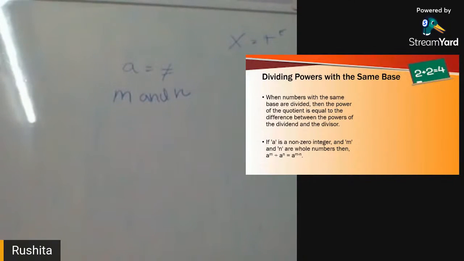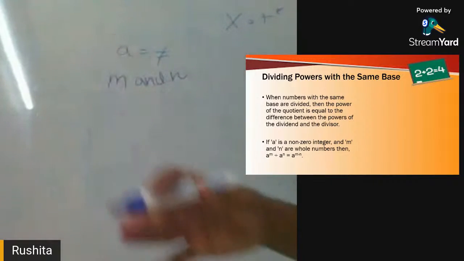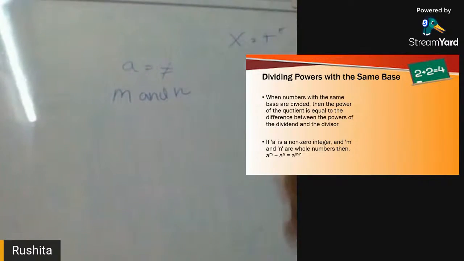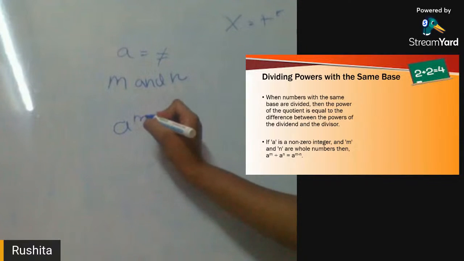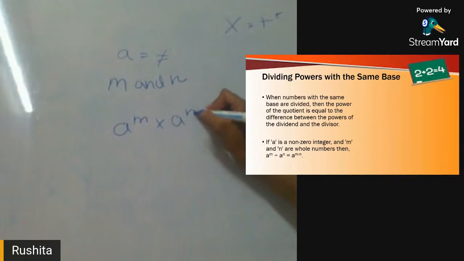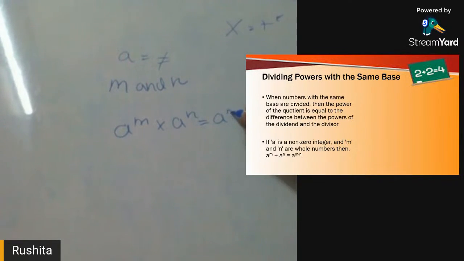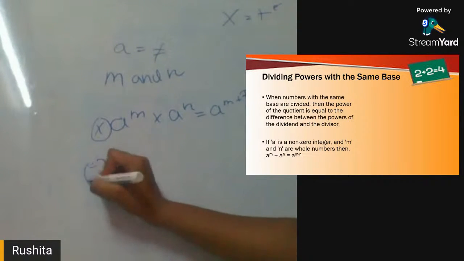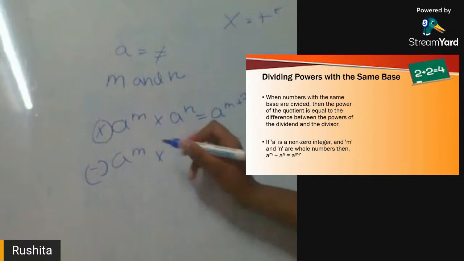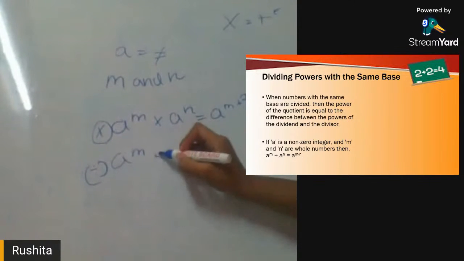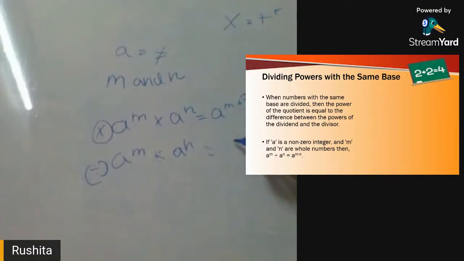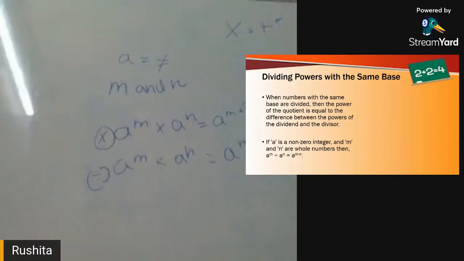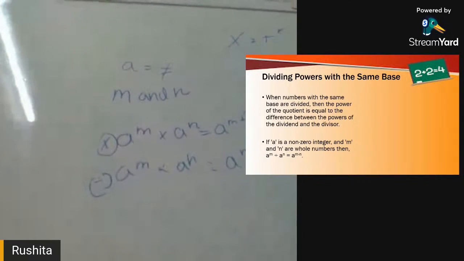So now the formula comes into the picture, which is a to the power of m into a to the power of n equal to a to the power of m plus n, what we have learnt before. Now this is for multiplication, this is for division. A to the power of m divided by a to the power of n equal to a to the power of m minus n. Understood?